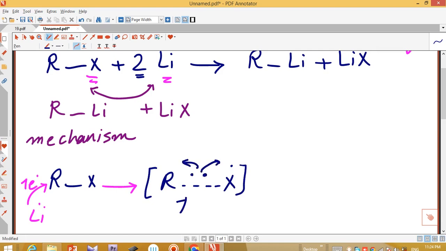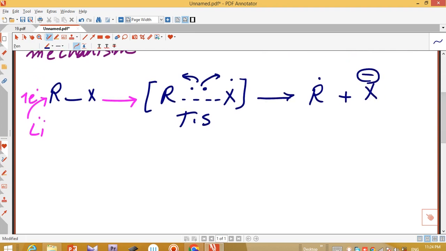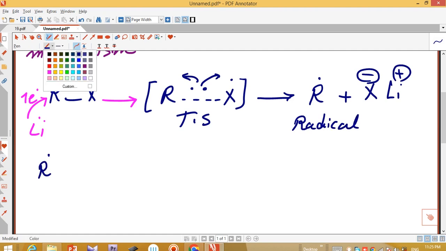And also in this transition state we will have a homolysis disconnection. So R will take its own electron and it becomes a radical, and the halide, because it has one electron from lithium and will take one electron from this connection, becomes negative, or anion. So we will have lithium X salt.